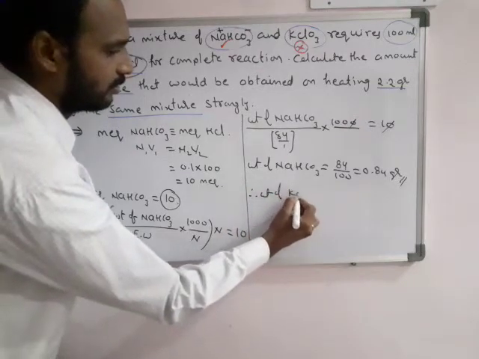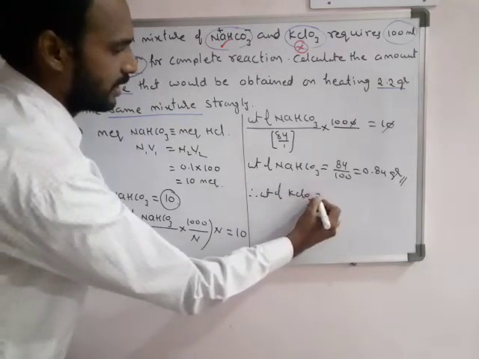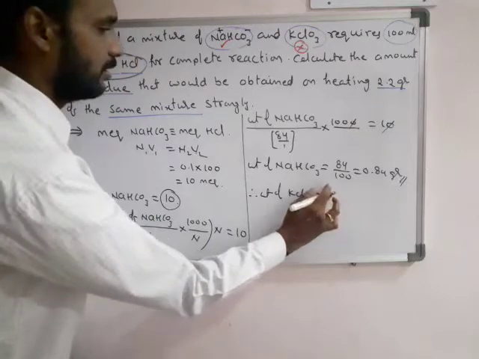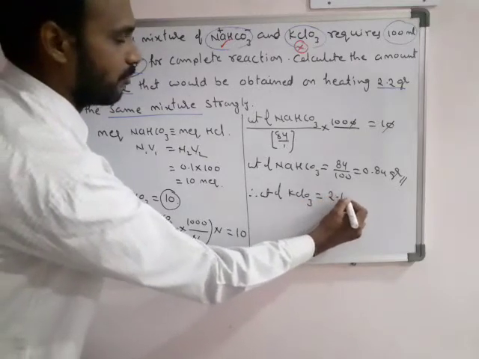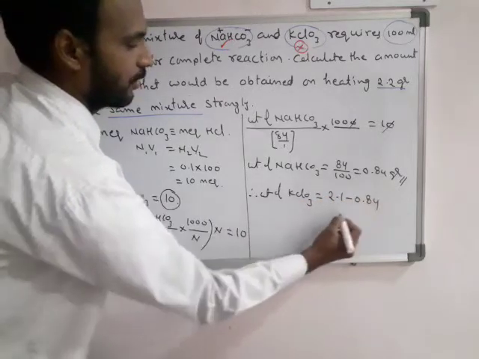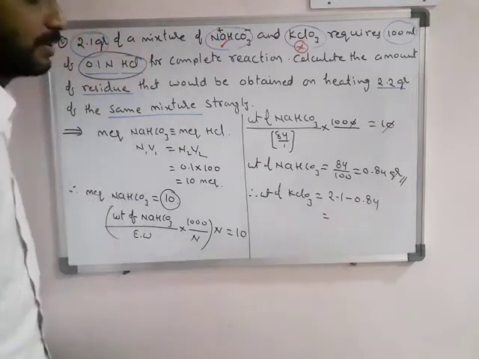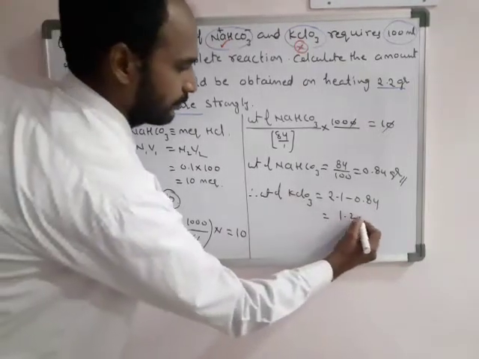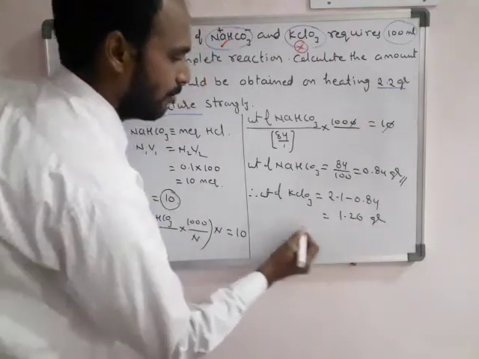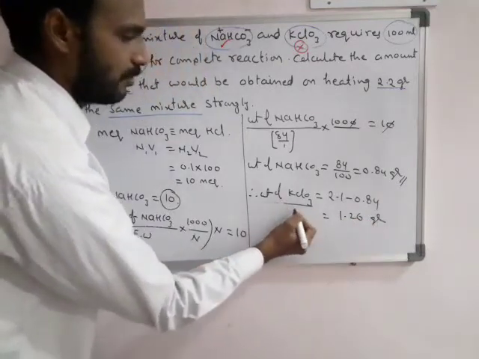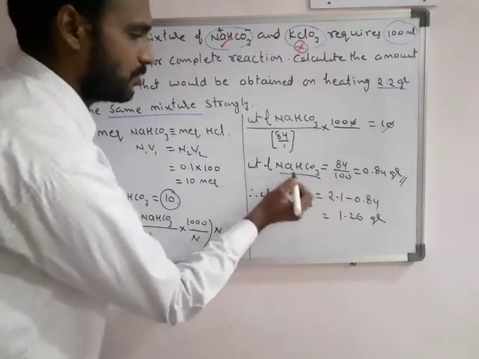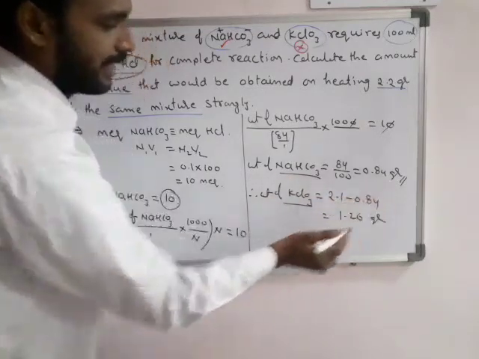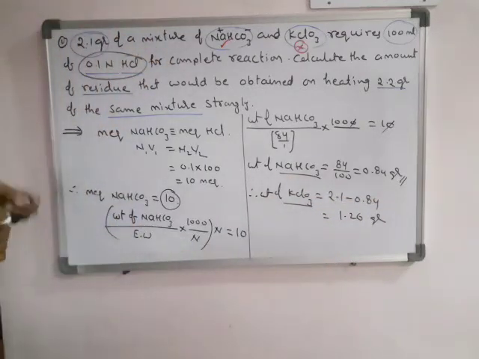The weight of KClO3 is 2.1 minus 0.84, that is approximately 1.26. So the weight of KClO3 is 1.26, and the weight of sodium hydrogen carbonate is 0.84 in 2.1 gram.